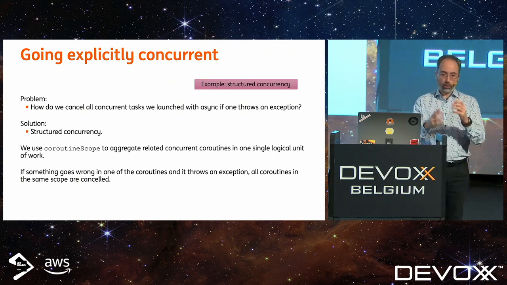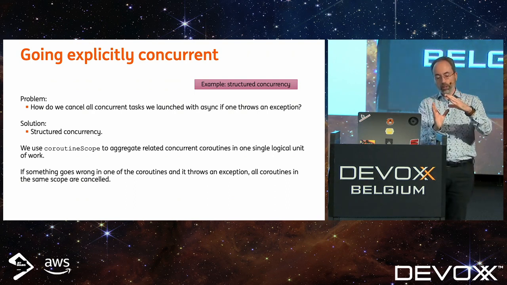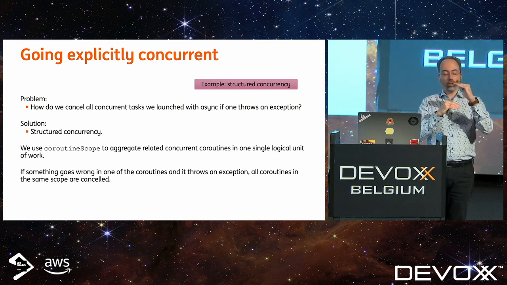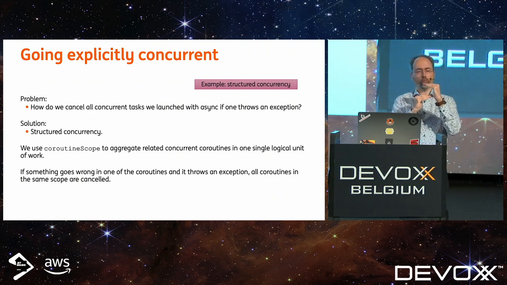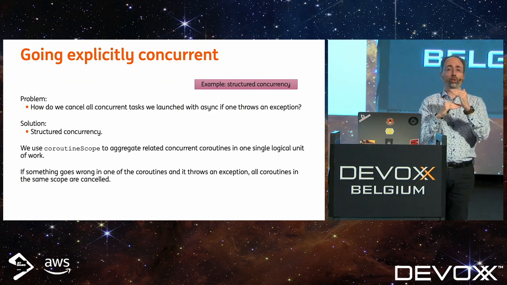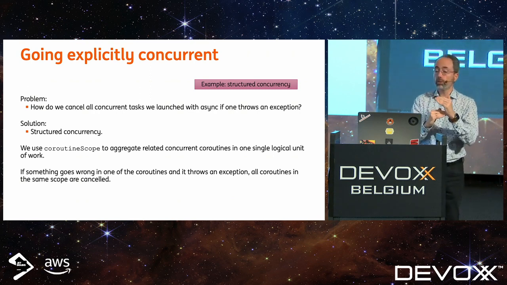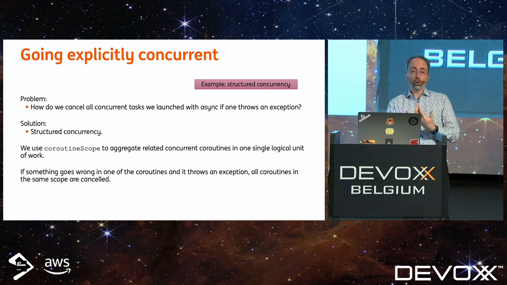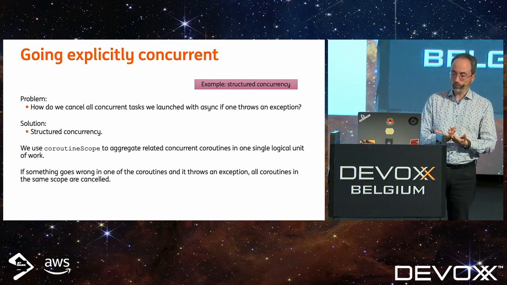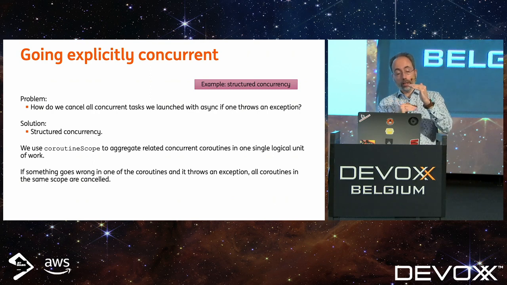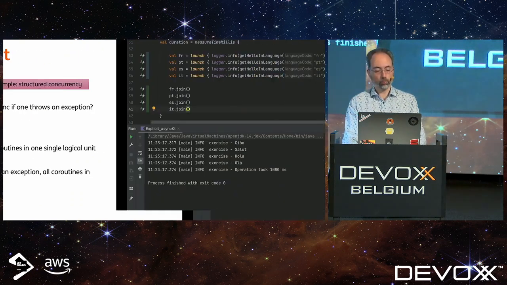If we want to be explicit and say, okay, so this is the little bit of code that I want to ensure is entirely cancelled in case of an error within one of those coroutines, then we create a new coroutine scope. There, we define that group, and, well, what happens within that scope stays within that scope.